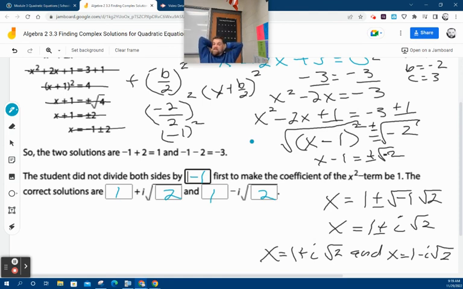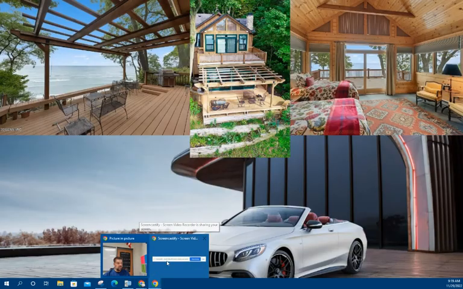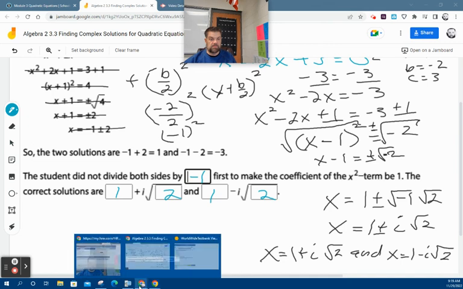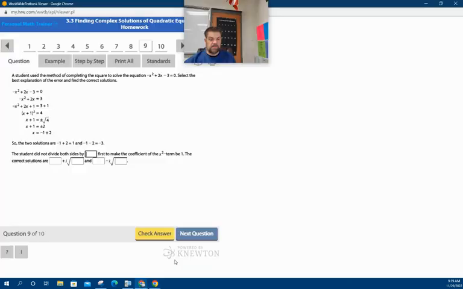The mistake will be the same. You just might have a different answer. Okay? Let's plug that in and check to see if we're right. Here it is. So they did not divide by negative 1, and it should be 1 plus I times the square root of 2, and 1 minus I root 2. Yep. And that is how it's done.